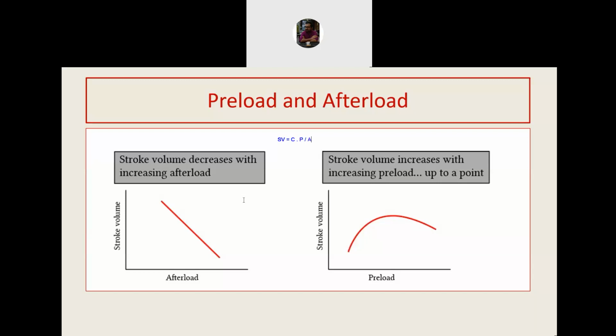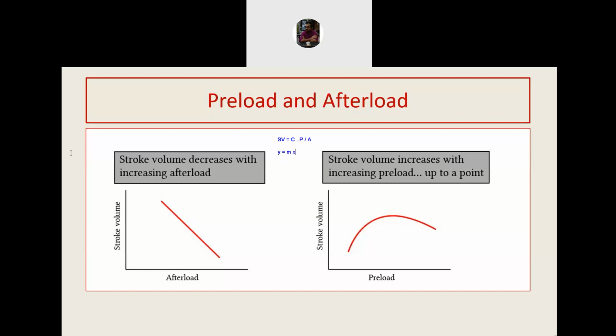That means that when you are plotting stroke volume with preload, you are essentially keeping the contractility as the slope of the curve. Because if you compare this equation with the standard mathematical form, that is y is equal to m into x, then here preload or P is your x, C by A becomes m and stroke volume becomes y.